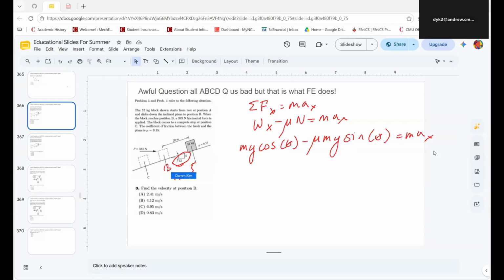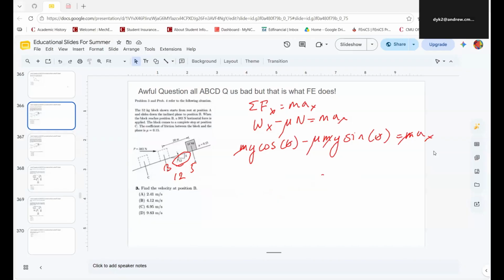So we can do 12 over 13, and then we can do 52 multiplied by 9.8 over here, minus 0.15. Same thing over here, actually, can't I just get rid of the m? Yeah, I can. So with that said, let me get my calculator out and just do it.